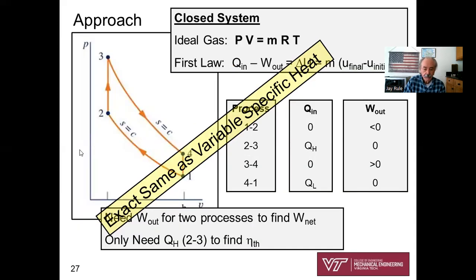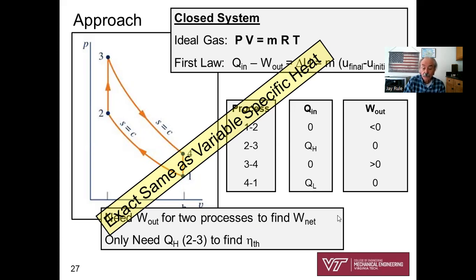What's our approach? It's exactly the same as what we did in problem 1, so I'm not going to repeat. Remember, we're going to step through all of the processes. We've got 2 instances of work non-zero, 1 to 2, negative, 3 to 4, positive. And we only have to worry about process 2 to 3 for heat added.